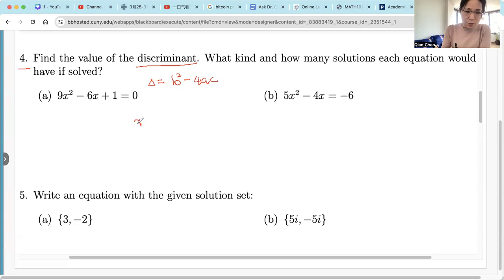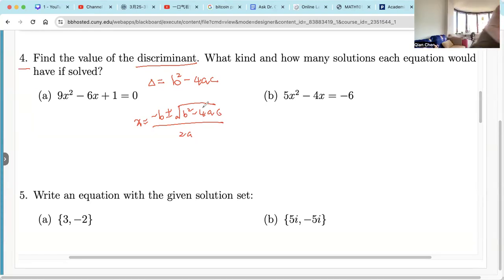So let's recall the quadratic formula. Negative b plus or minus square root of b squared minus 4ac, all divided by 2a. So there are 4 cases.